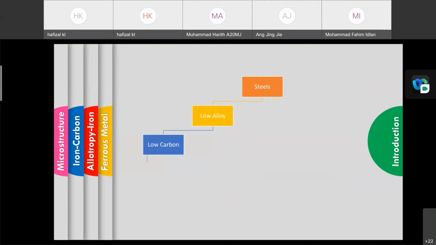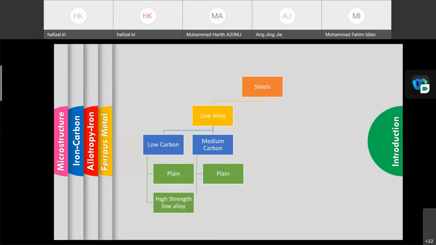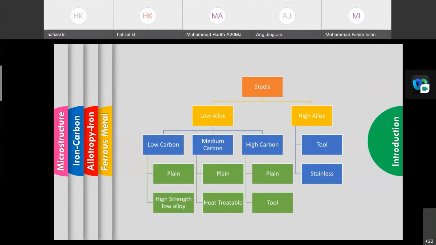For steel, the composition depends on the application. Previously we also dealt with steel. We know that steel is used to build buildings, bridges and all other structures. Steel can be divided into several types. We have low alloy and high alloy, in terms of carbon composition.